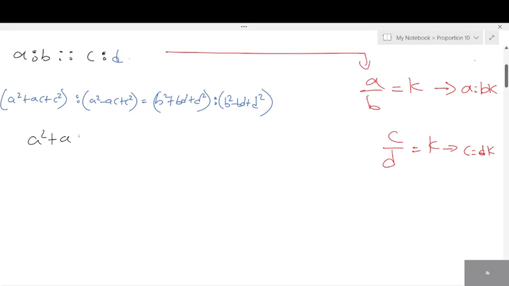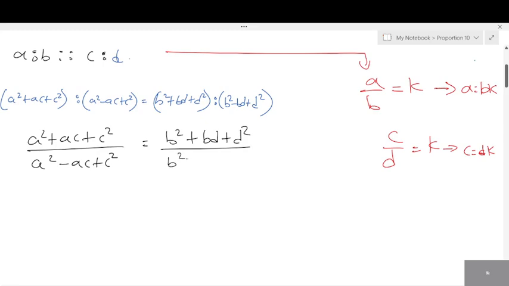First, divide it. And mention this statement. Write it as: put A equals BK and C equals DK in equation 1.